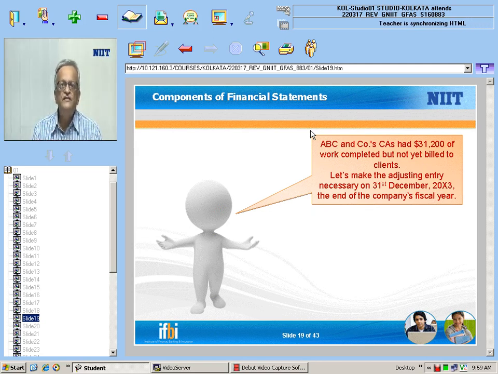ABC and Company Chartered Accountant has 31,200 of work completed but not yet billed. Let us make the adjustment entry necessary on 31st December.